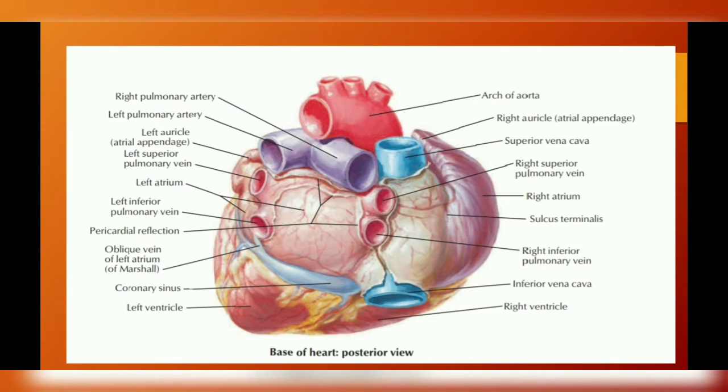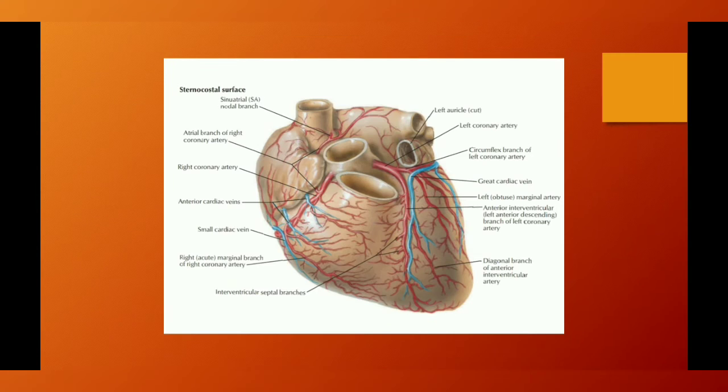Okay. Now let's see the sternocostal surface, formed by the auricle of the right ventricle, that is 2/3, right atrium with auricle, and 1/3 of the left ventricle.